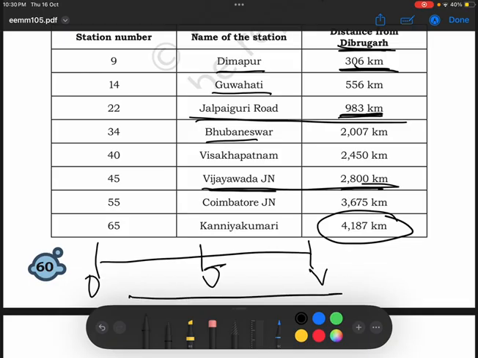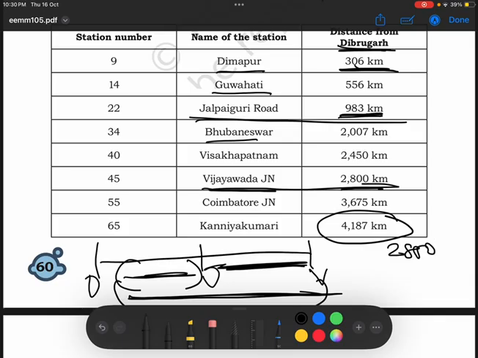If we subtract this distance from the total, we will be left with the distance we have to find. The distance from Dibrugarh to Vijayawada is 2800, and from Dibrugarh to Jalpaiguri is 983. When you subtract this, you will get the distance between Jalpaiguri and Vijayawada.